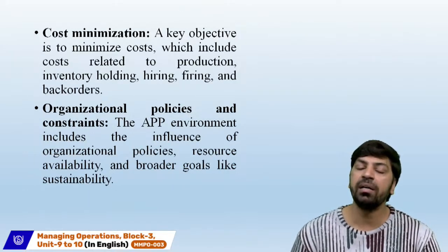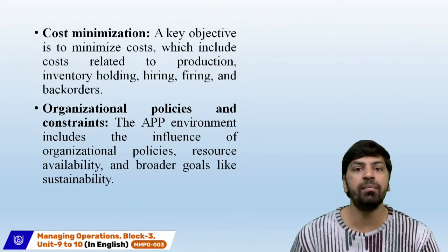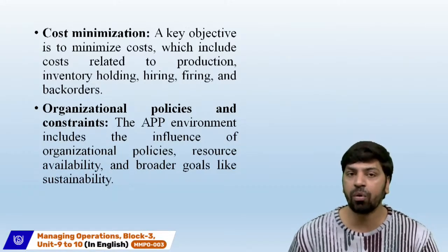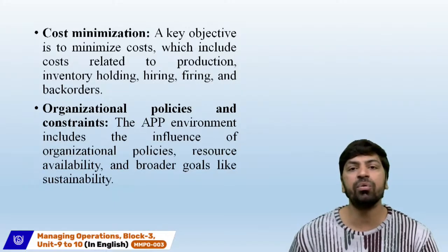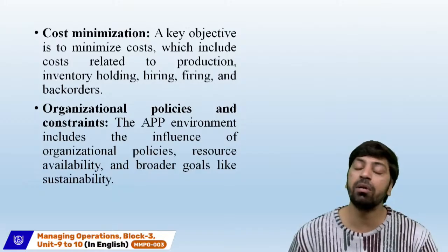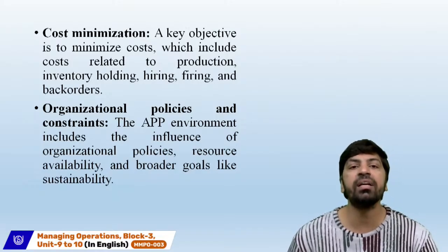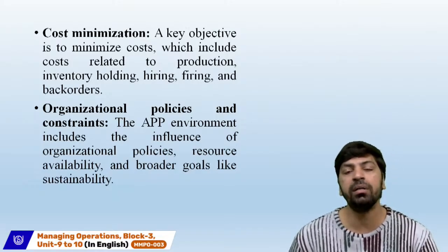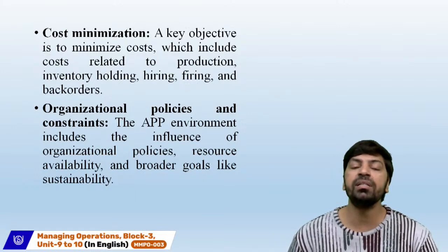Then second last is cost minimization. A key objective is also to minimize the cost, which not only includes production cost, inventory cost, and holding cost, but also includes hiring, firing, and back order costs. Next one is organizational policy and constraints.